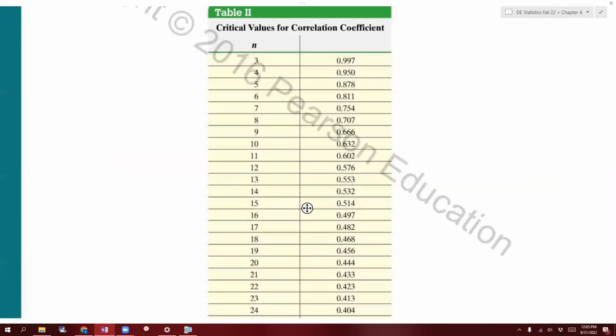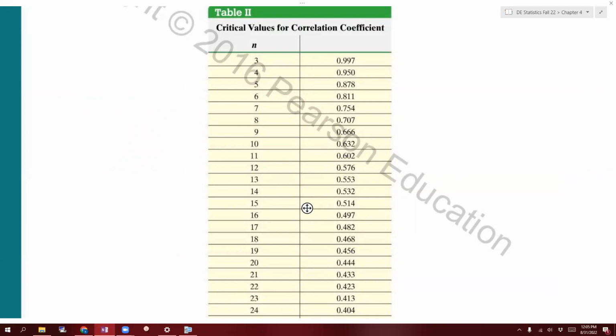But essentially, this table has two pieces of information. The first piece on the left-hand column, it has the number of data points. It has your sample size, N. And on the right, it has a critical value.